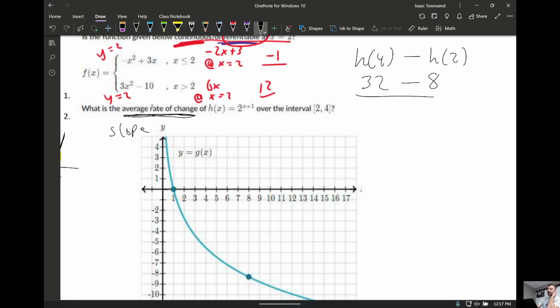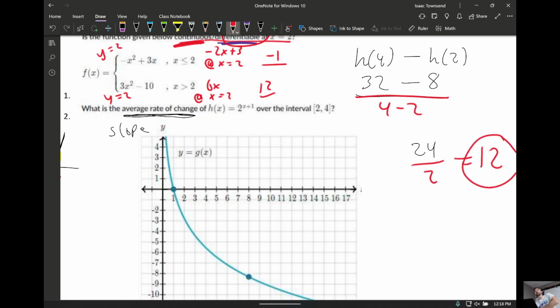So that's a rise of 24. Does that mean the average is 24? Okay, why is that not the average? Slope is rise over run. It went up 24 over 2 units, so on average it went up 12 units.